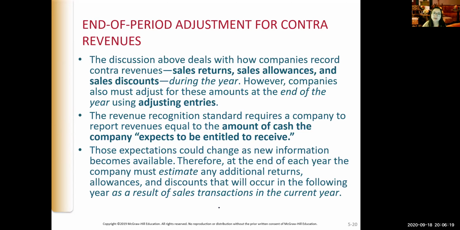With that being said, there's also an end of the period adjustment for the contra revenue accounts, because we know, for example, at Christmas, we have a lot of sales because people like to give each other gifts, right? But after December 31st, a new year comes, and a lot of gifts people like to return or exchange or get the money back.